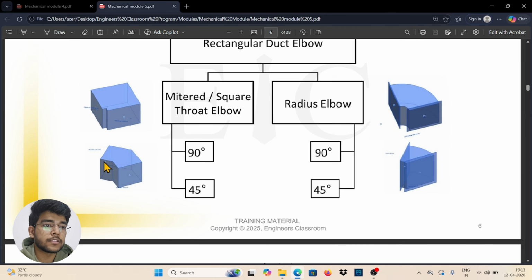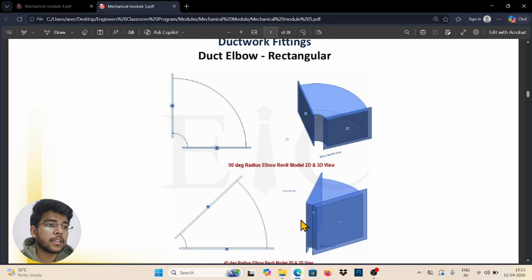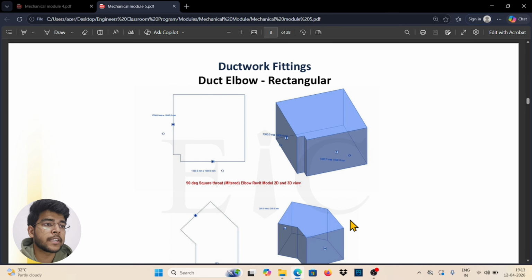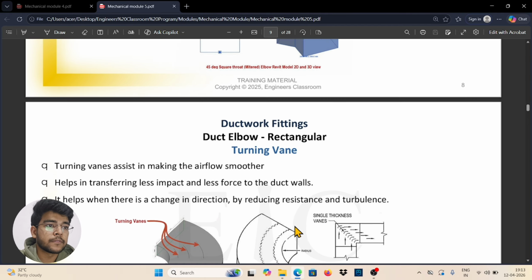This is all about the duct fittings. Here is the rectangular duct elbow: this is the L radius 90 degree, this is the radius 45 degree duct fitting. And here the mitered, it is 90 degrees with a 45-degree cut, called a mitered fitting.